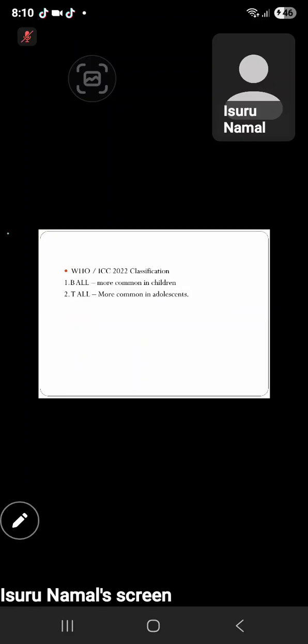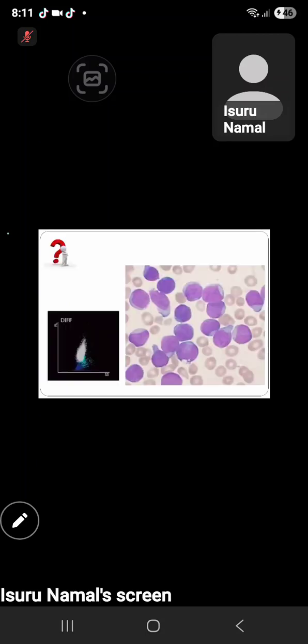In the WHO classification, nowadays we divide acute lymphoblastic leukemia into two categories: B-type acute lymphoblastic leukemia, B-ALL, and T-ALL. B-ALL is more common in children and T-ALL is more common in adolescents, right?